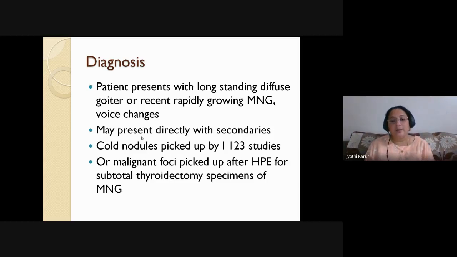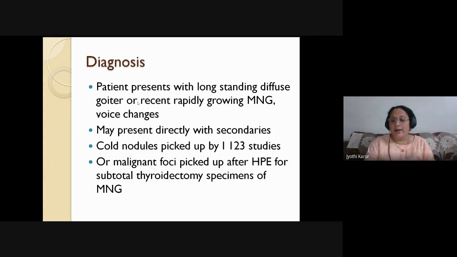Maybe the patient presents in late stages directly with secondaries, and might not be aware of the goiter. The patient says, please look at the swelling on my scalp, it is pulsatile, I don't know what to do, please excise it. But you have to look at the goiter and rule out follicular carcinoma. Then explain to the patient that they are harboring secondaries.